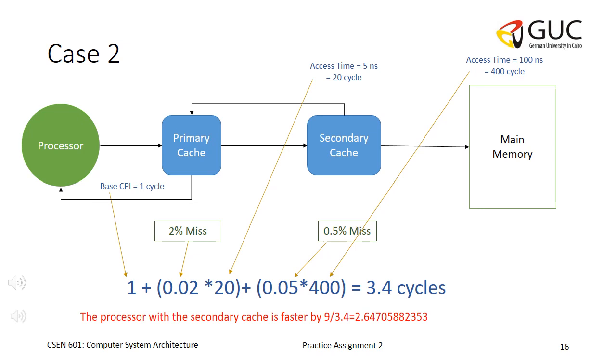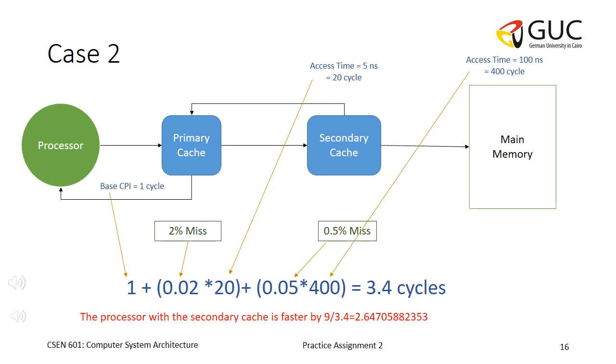That's why we have 2% multiplied by 20. This is the second part. But we also have a probability of missing at the secondary cache, and then we have to access the main memory. Accessing the main memory costs 400 cycles, multiplied by the rate of going to the main memory, which is 0.05%. If we add the three values together, we have 3.4 cycles.